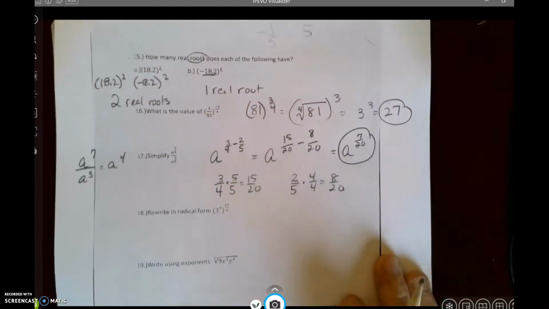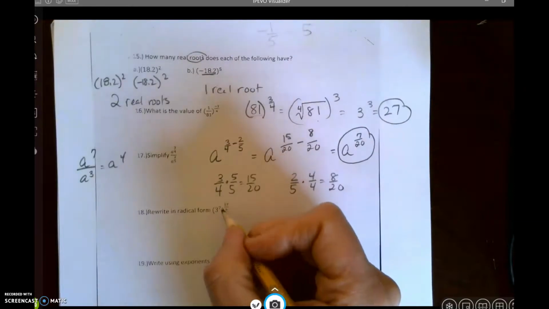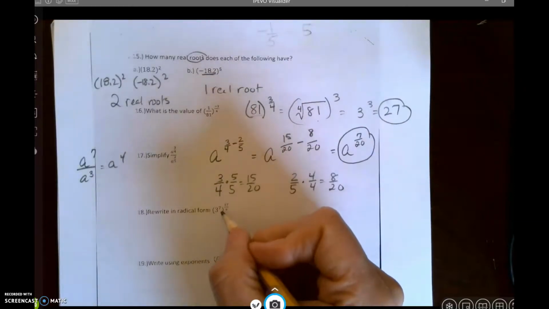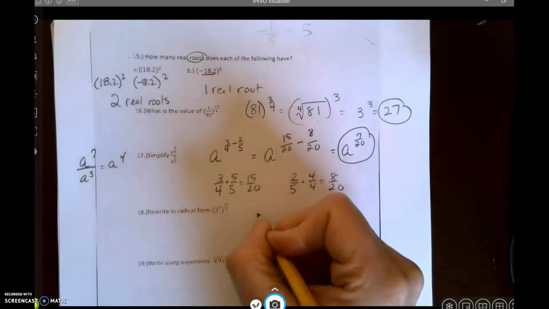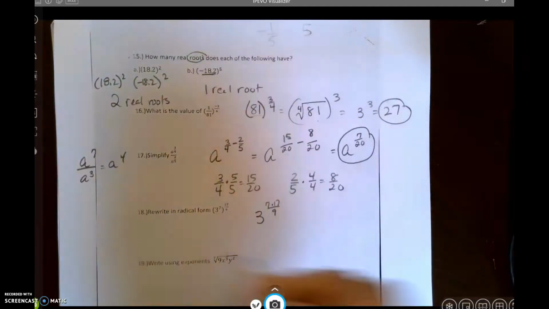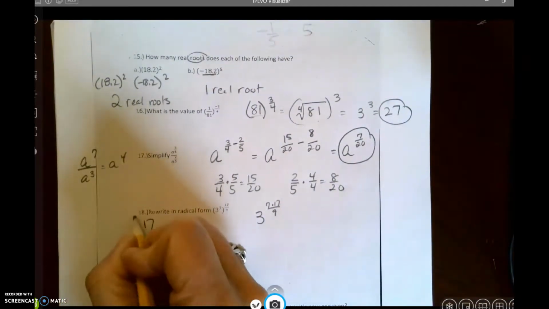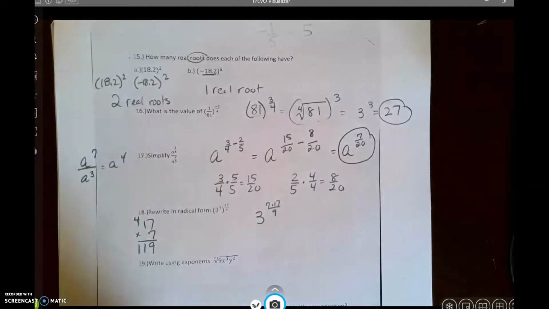Right, number 18. Rewrite in radical form. Okay. First thing I need to do is power to a power. So 3 to the 7 times 17 divided by 9. Let's see, 17 times 7, 9, carry a 4, 119.